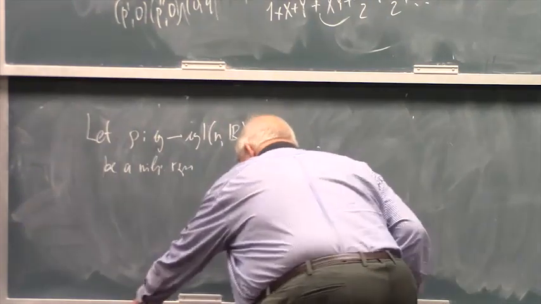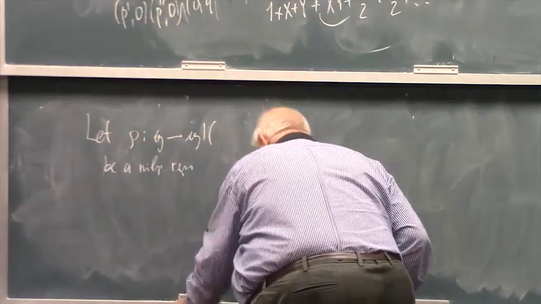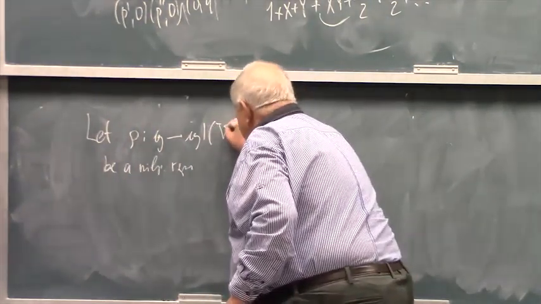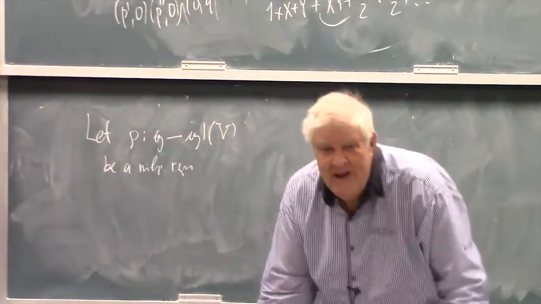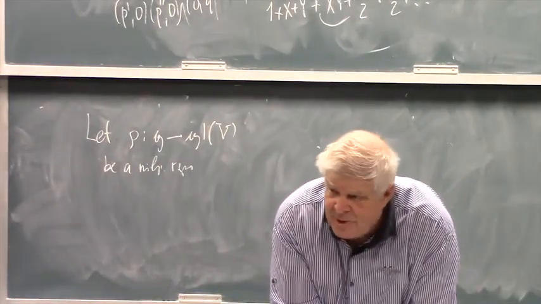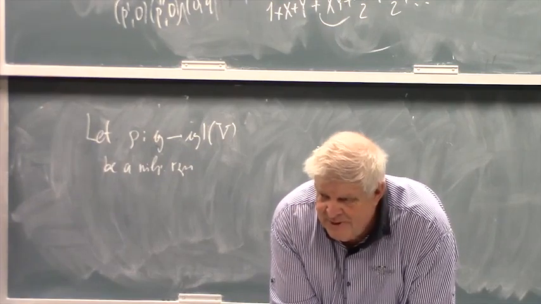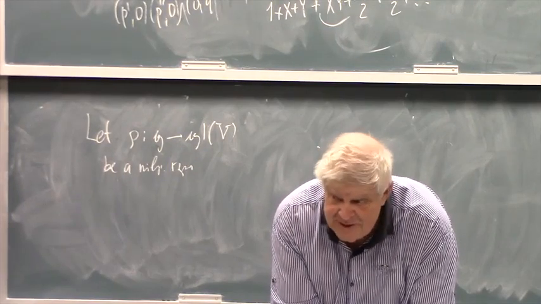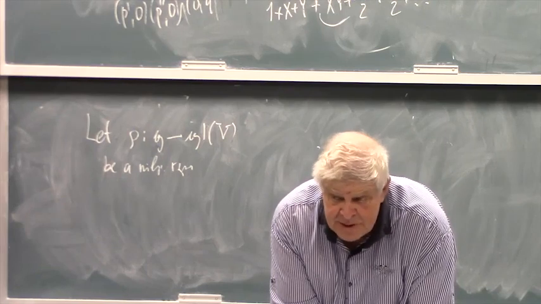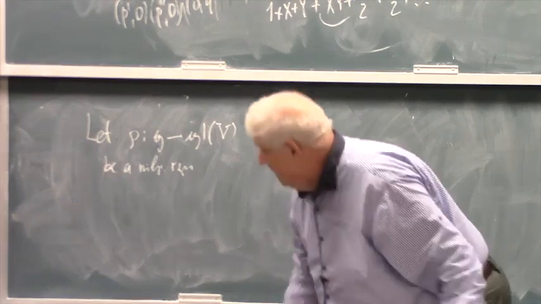Let me write V. So V is the space of the representation. I like this notation because it has no explicit reference to the field. So V is the finite-dimensional vector space where this representation works.